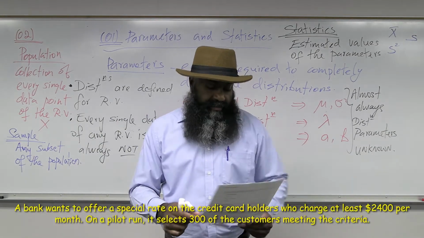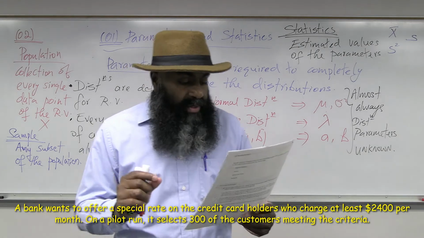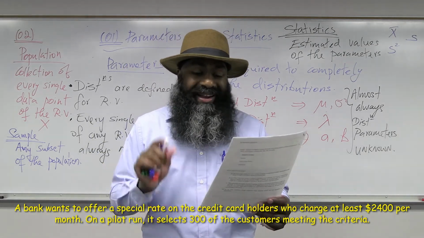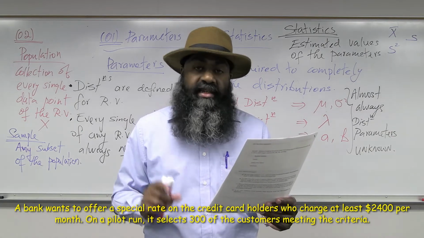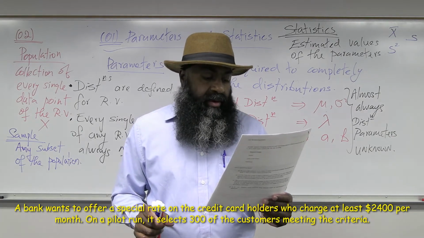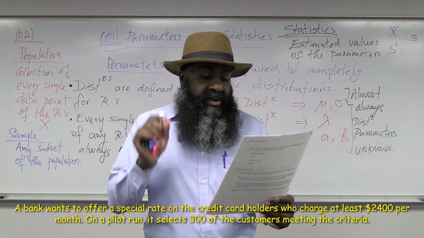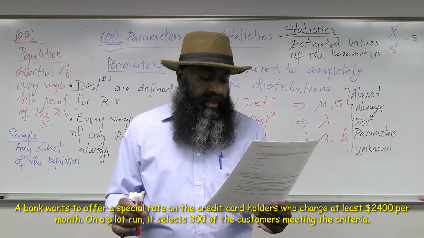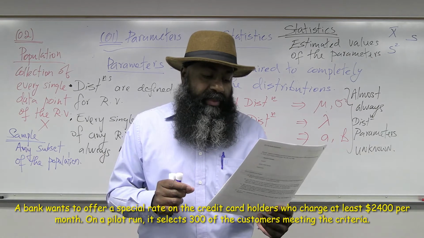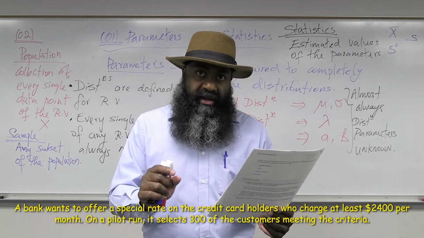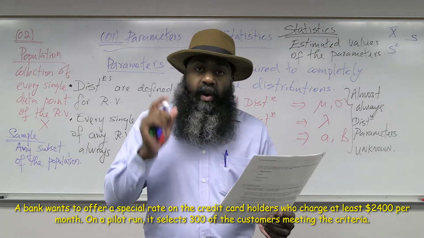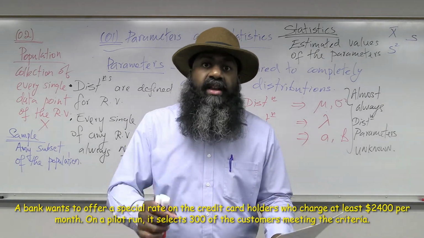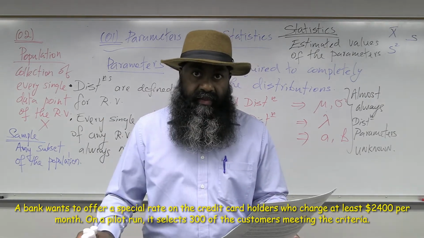Look at the next example. A bank wants to offer a special rate on the credit card holders who charge at least $2,400 a month. On a pilot run, it selected 300 of the customers meeting the criteria. So what's the population, what's the sample? The population is all the credit card holders of the bank who charge at least $2,400 per month.